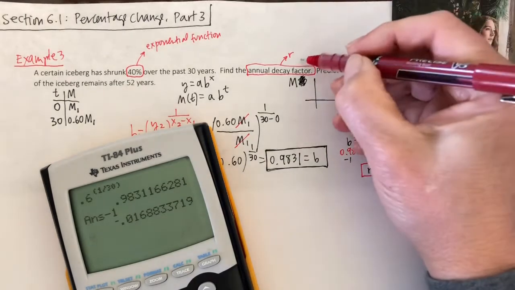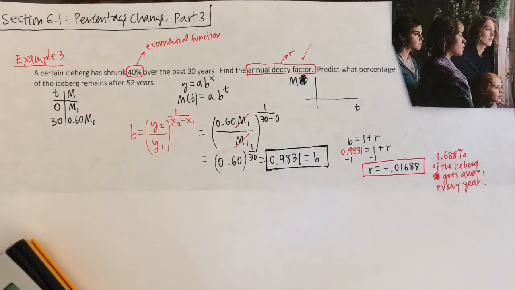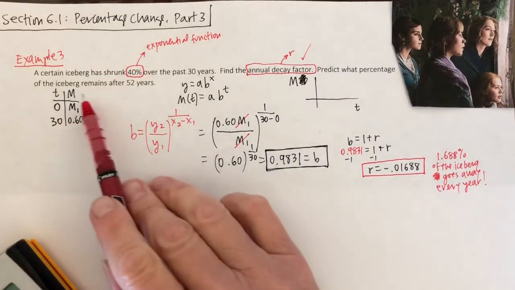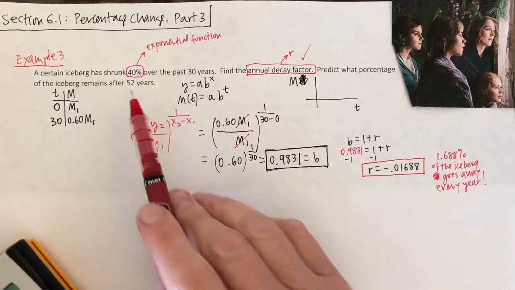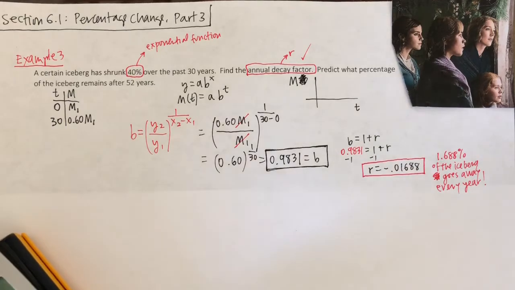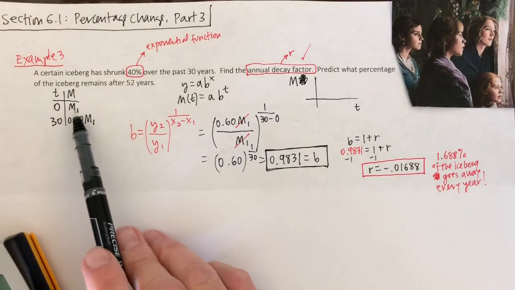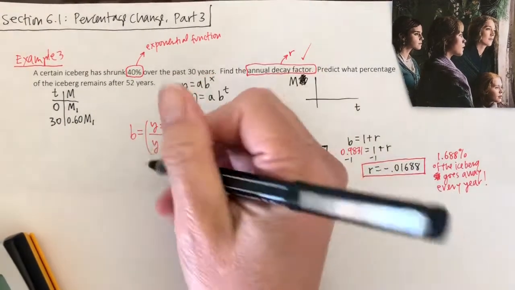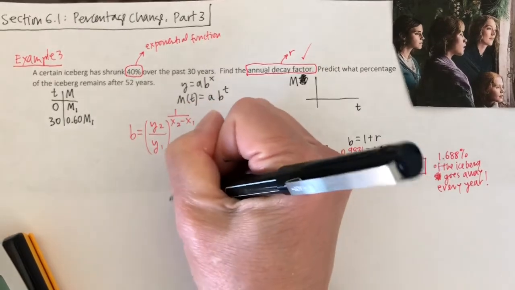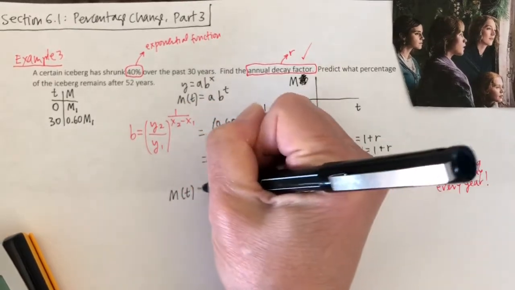Okay, we have done the first thing that they asked us to do. Now, predict what percentage of the iceberg remains after 52 years. All right, I do have B. I still don't really know my initial value, but we'll do the best we can. We have this formula so far.